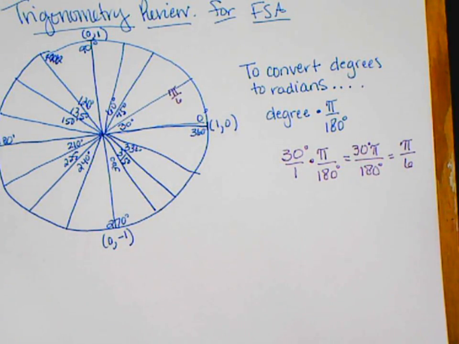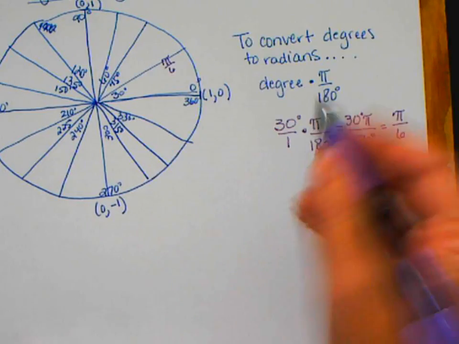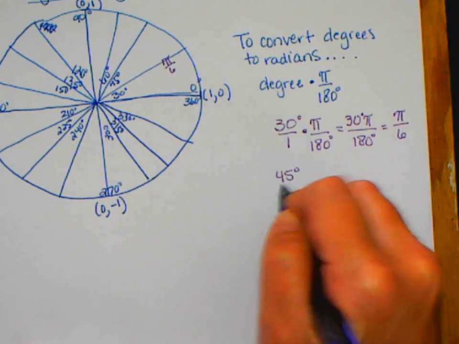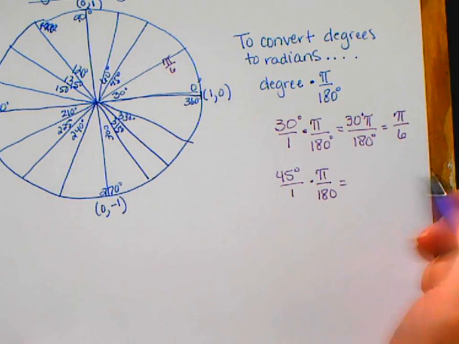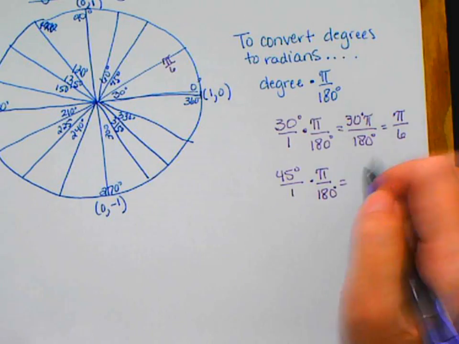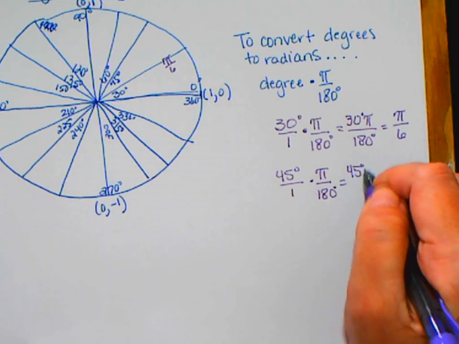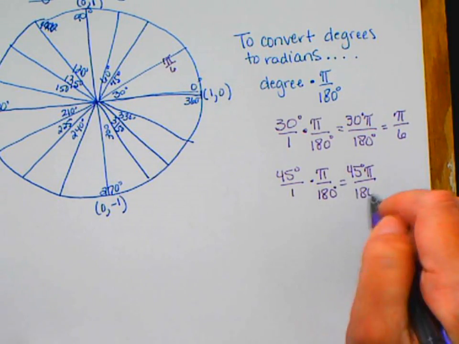So was that one whole radius? No. It wasn't. So if we did 45 degrees again, 45 degrees over 1 times pi over 180 degrees. So that'd be 45 degrees pi over 180 degrees.